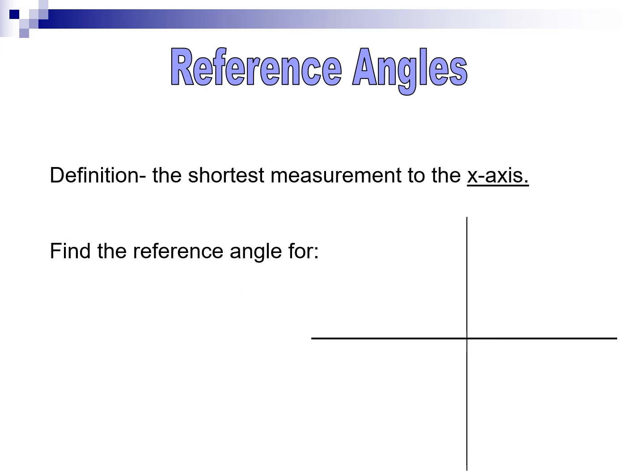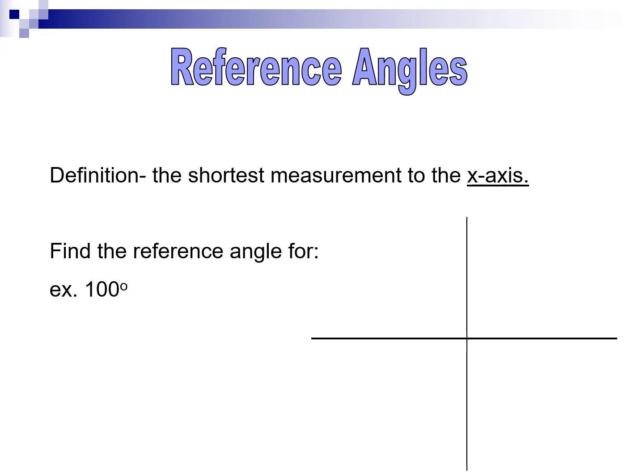So the last thing we are going to do today is figure out what the reference angles are. The definition is the shortest measurement to the x-axis. It's the shortest measurement you have to go from the angle to the x-axis. Let's go ahead and do an example. We have to find the reference angle for 100 degrees.